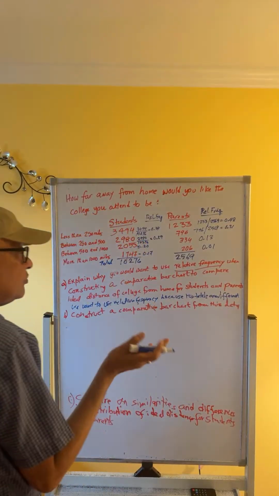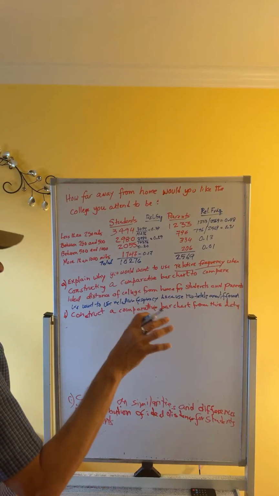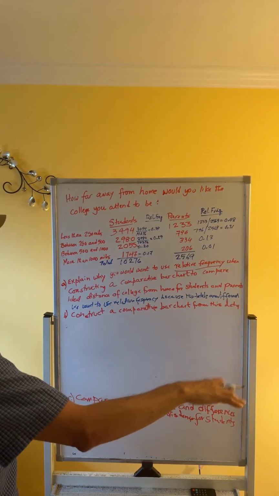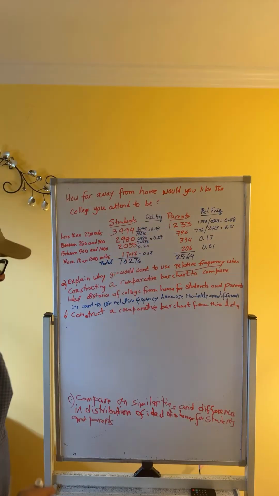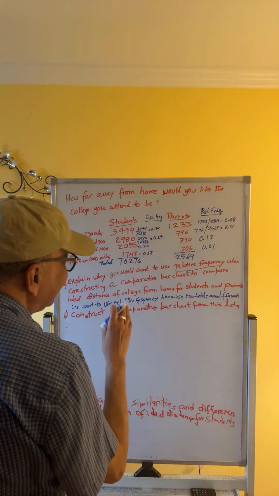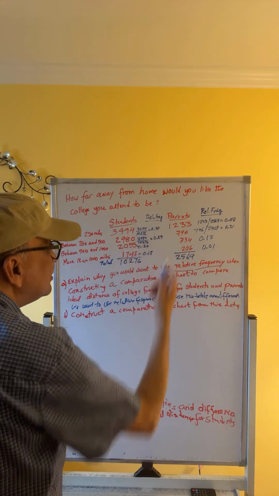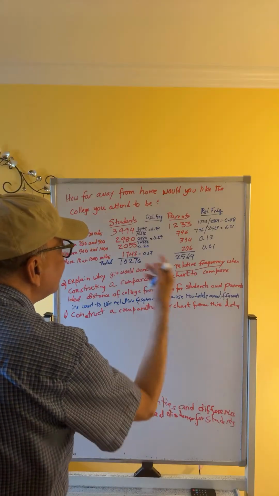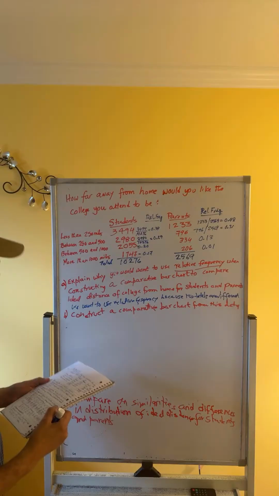The same number of students and parents were not surveyed. So you have to take the total of each category and divide it by the grand total for each group. Basically we are converting each data to relative frequency because the grand totals are different for the students and parents.